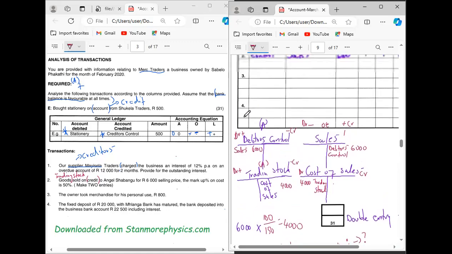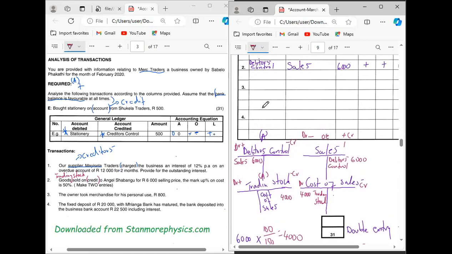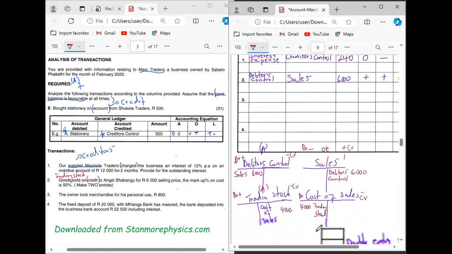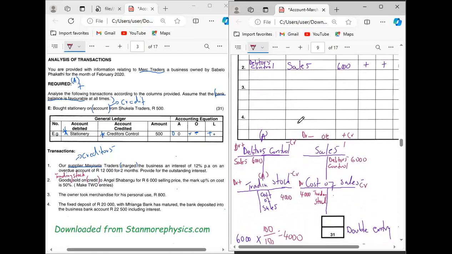So now guys, we can record our information underneath there. Trading stock is credited, and cost of sales is debited. So we write: account that is debited is cost of sales, and account that is credited is trading stock.